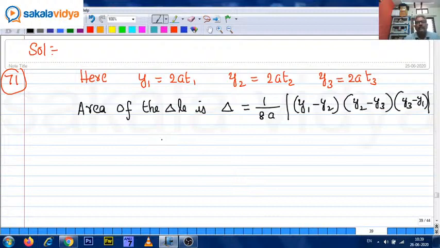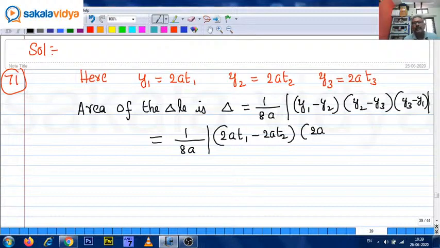So now this equals 1 upon 8a, y1 means 2a t1, minus 2a t2, this is 2a t2 minus 2a t3, 2a t3 minus 2a t1. Am I correct?